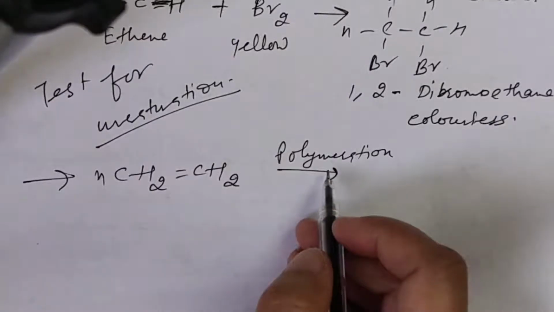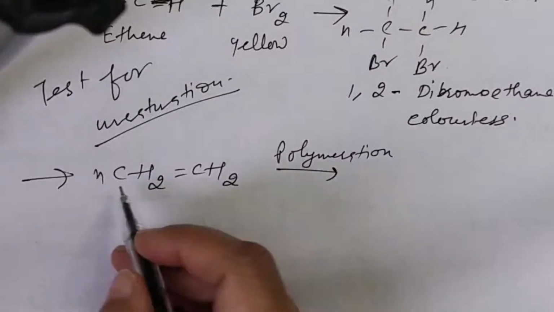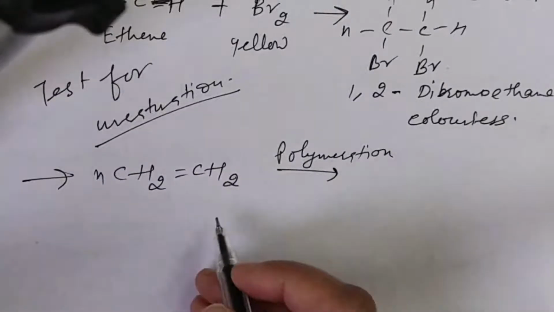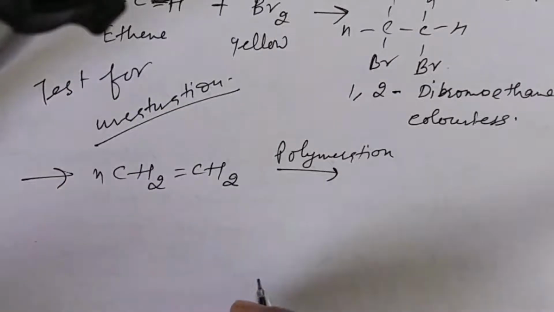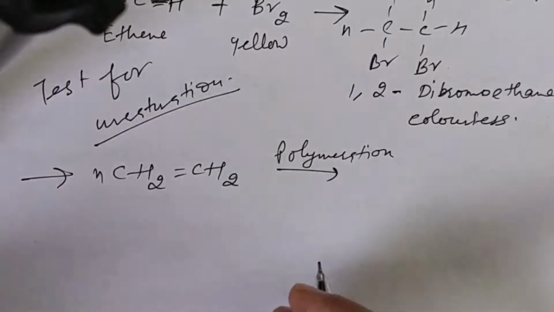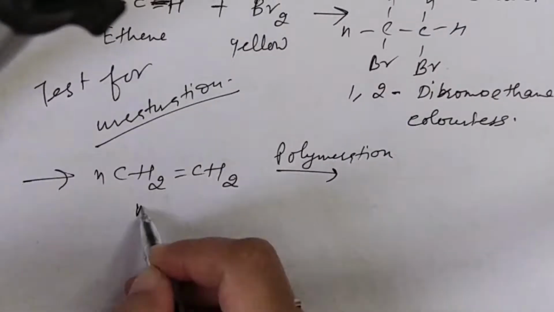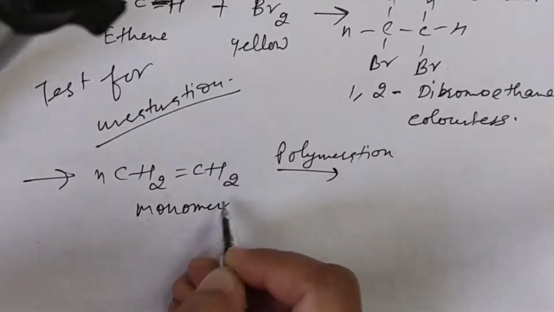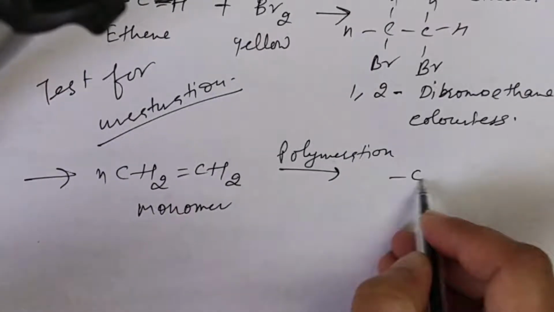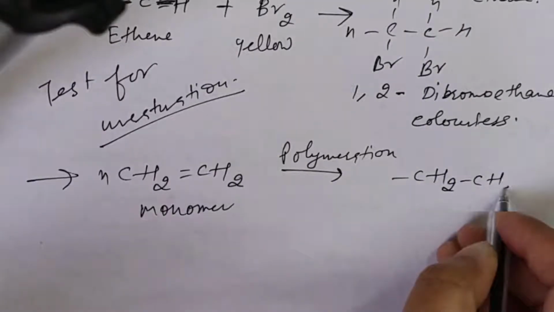Polymerization means you are adding n number of ethene molecules to form a long chain of polymer. Monomers are added up in a long chain to form a long chain of polymer. This is the monomer, and you add up n monomers to get a long chain of polymer. The double bond is converted here into a single bond.